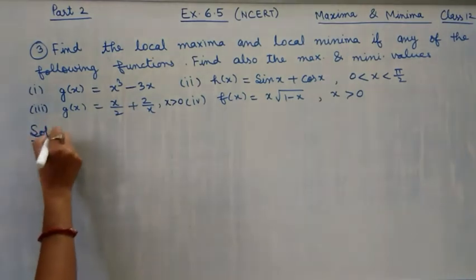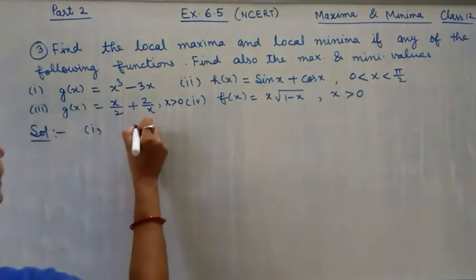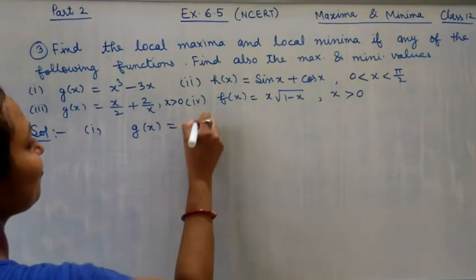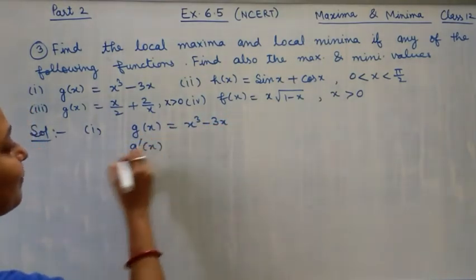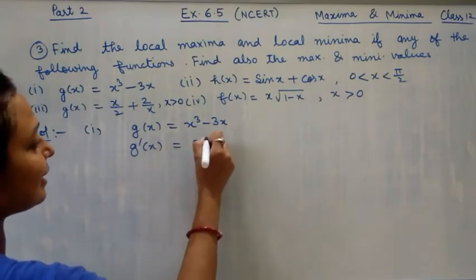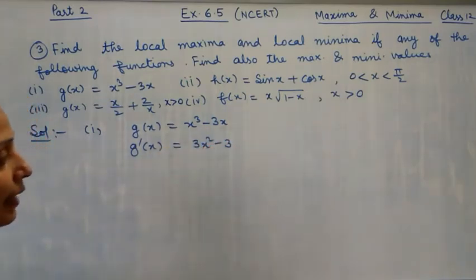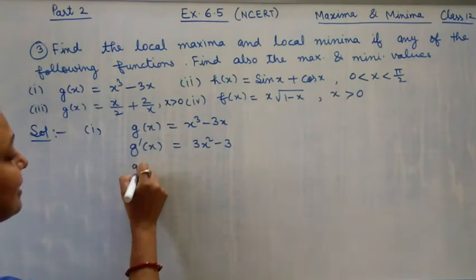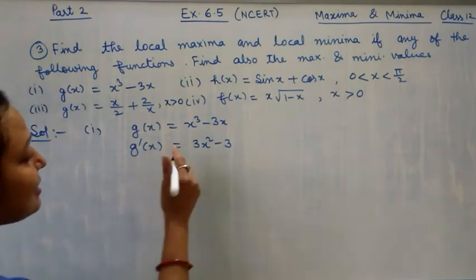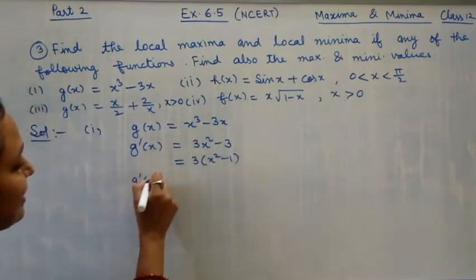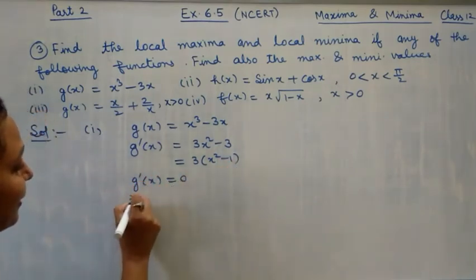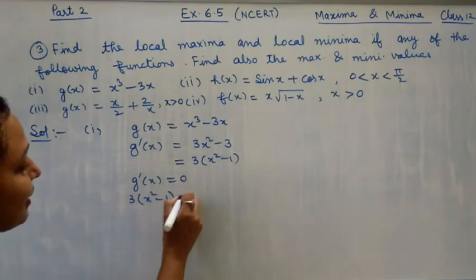Solution of the first question. I will take the function first, that is g(x) = x³ - 3x. First step, you have to find g'(x) = 3x² - 3. Now I will take g'(x) as 3(x² - 1). Take g'(x) = 0, so 3x² - 3 = 0.